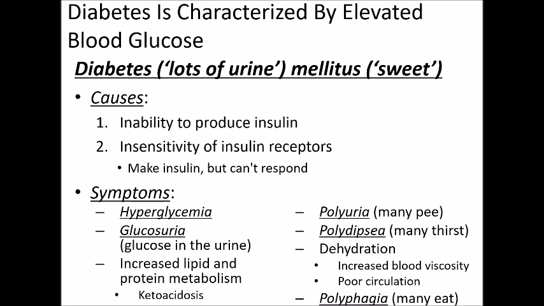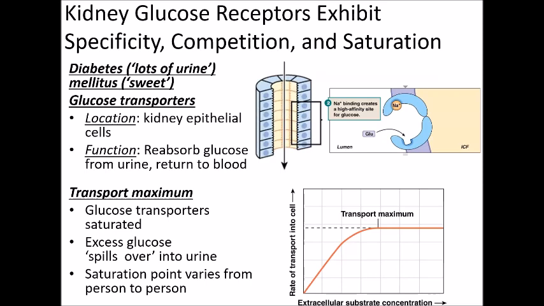The big ones: hyperglycemia, high blood sugar, which results in glycosuria, sugar in the urine, which results in excessive urination or polyuria. That results in polydipsia, and as I said before, they also get polyphagia.